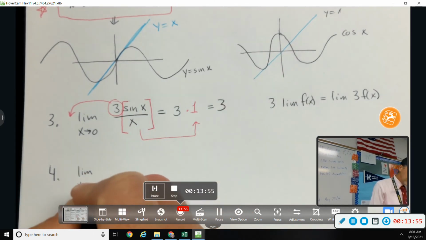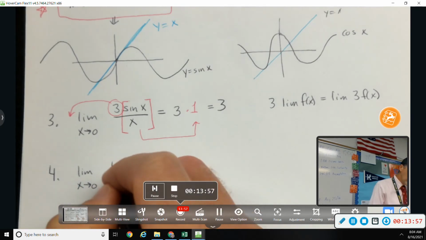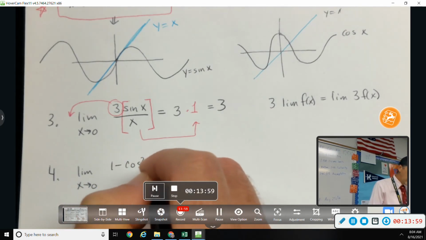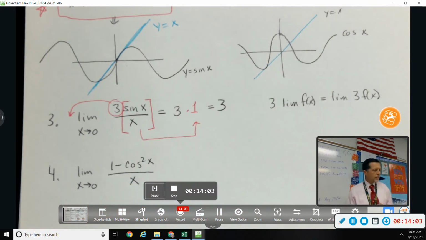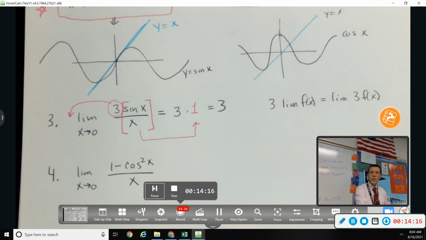Limit as x approaches 0 of 1 minus cosine squared x over x. Wait a minute, so that's not the property that we learned a minute ago.